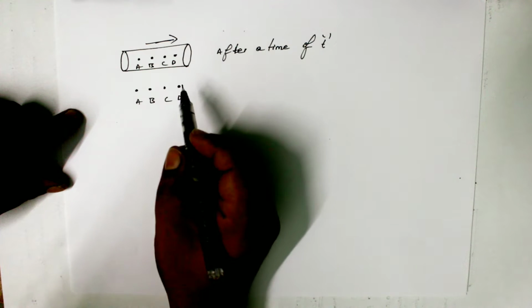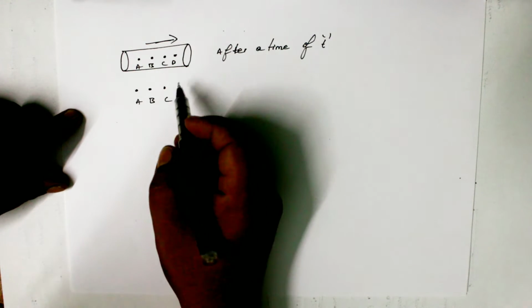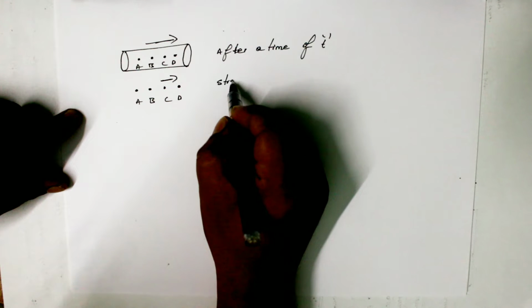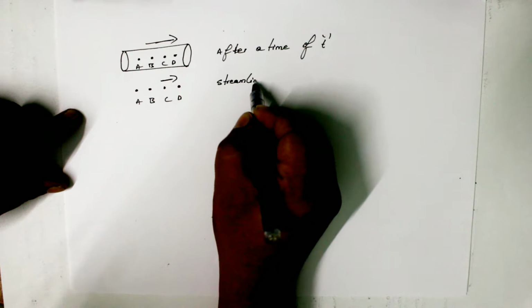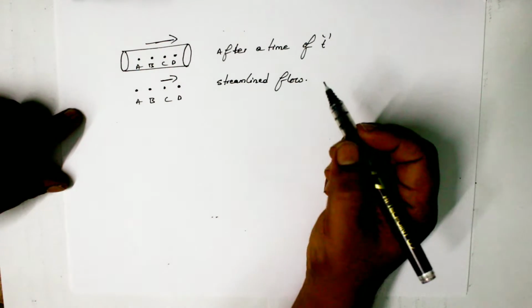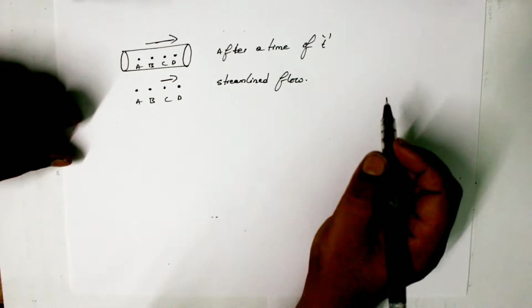It means that one molecule is not jumping over the other molecule. So this type of flow we call it as streamlined flow, or I can call it as regular flow, or I can call it as laminar flow.